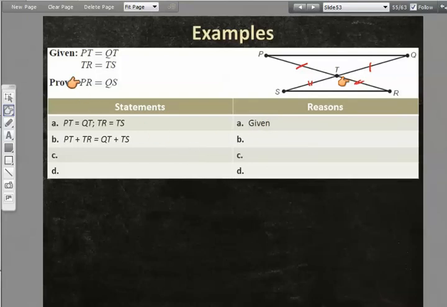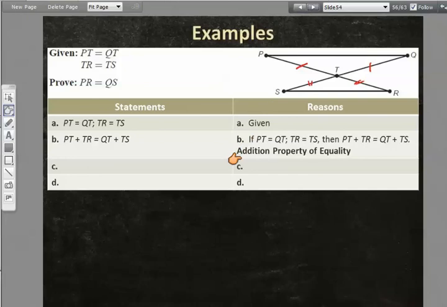Alright? And remember, I want to get to my final destination of PR equals QS. And so this is my next logical step to get there. So my reason, if PT equals QT and TR equals TS, then PT plus TR equals QT plus TS. There you go. And that's going to be the addition property of equality.